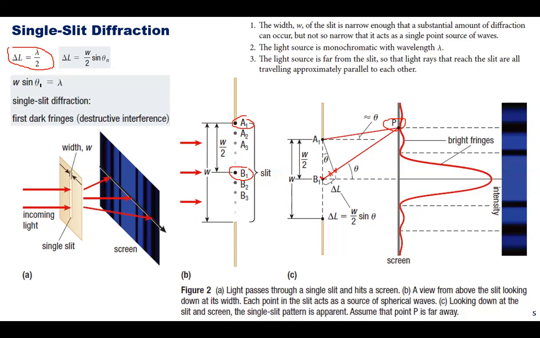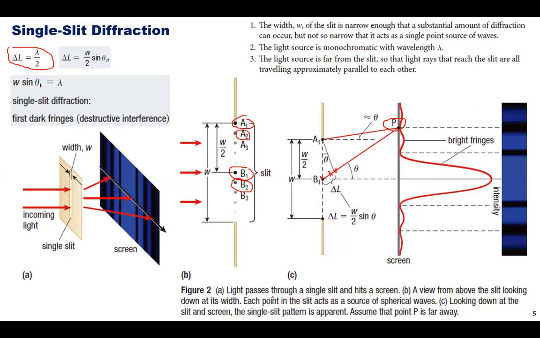So when this condition for destructive interference is met for points A1 and B1, the waves from A2 and B2 will also interfere destructively, because they have the same length difference as A1, B1. As well as waves from A3 and B3 and so on, for all similar pairs of points within that slit. Destructive interference produces a dark fringe on the screen.